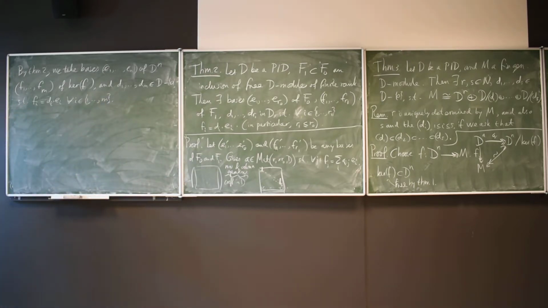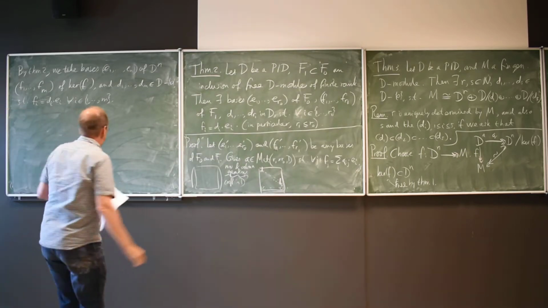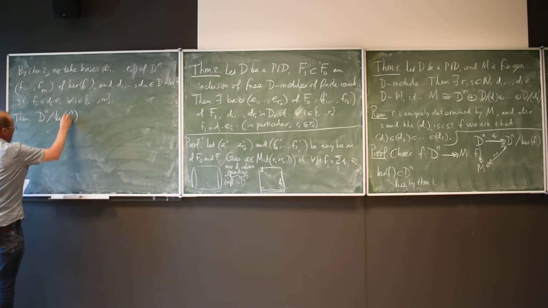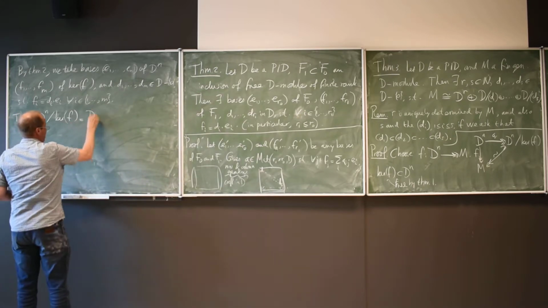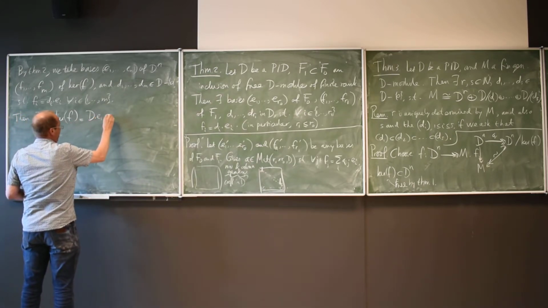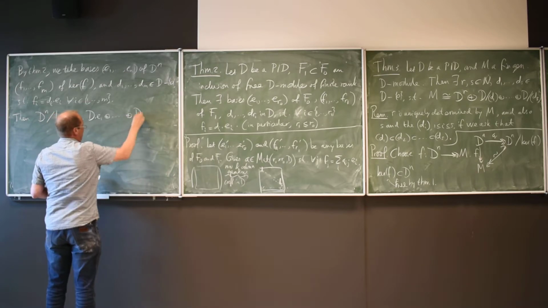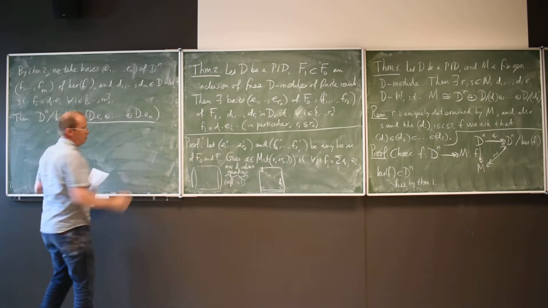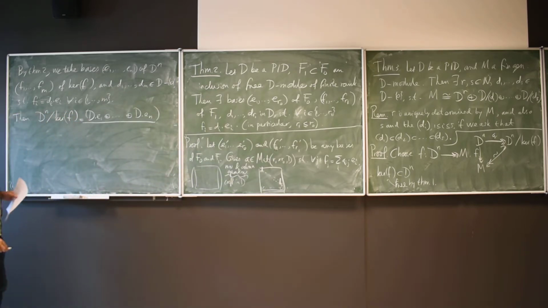That's what theorem 2 gives me. But then I can say, well, then D^n modulo the kernel of f is d1 times e1 direct sum ... d times en modulo a submodule, which I write like this.